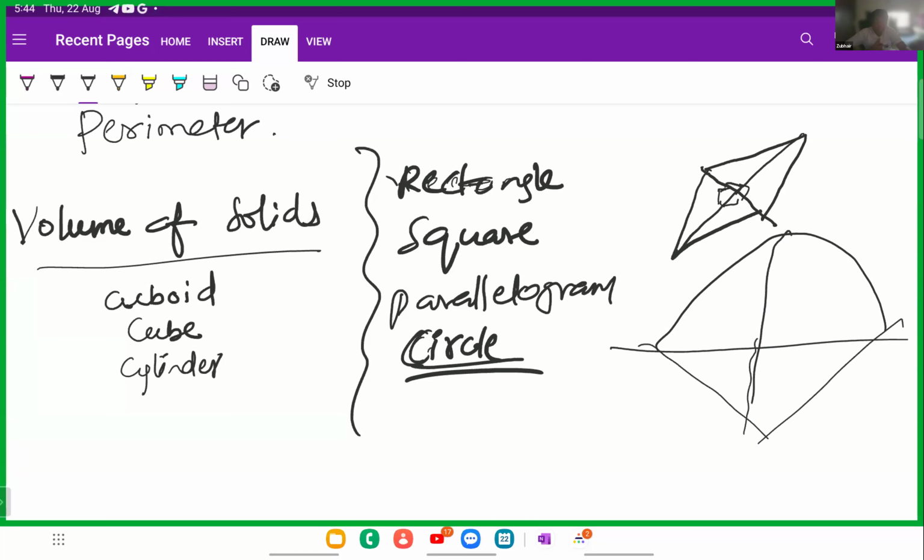So that's how the kite is. Don't get confused. Every closed surface with four sides has its uniqueness. In a rectangle, opposite sides are equal: length equals length, breadth equals breadth. In a parallelogram, opposite sides are parallel.